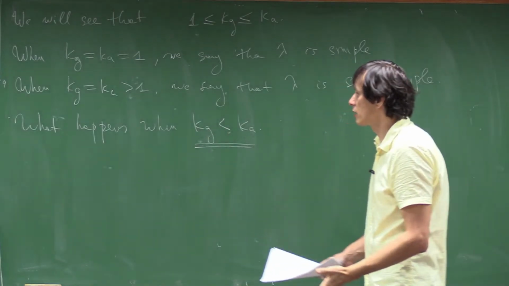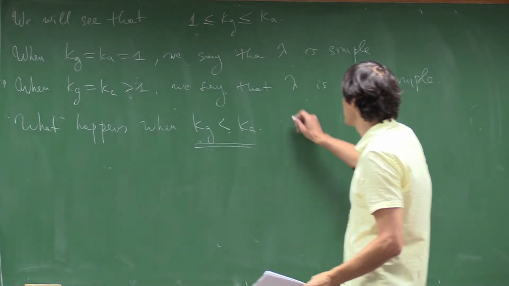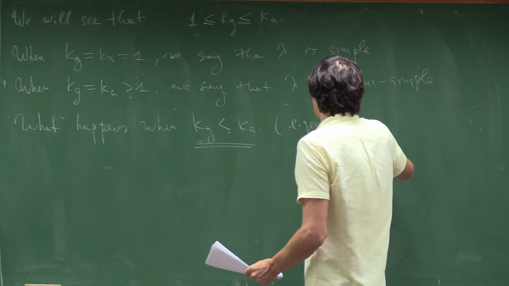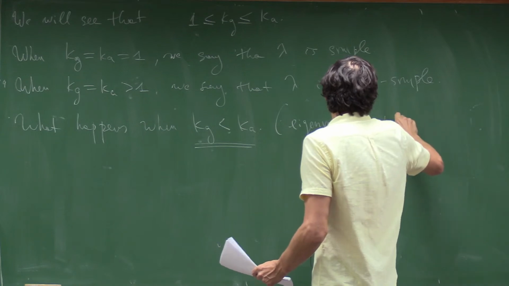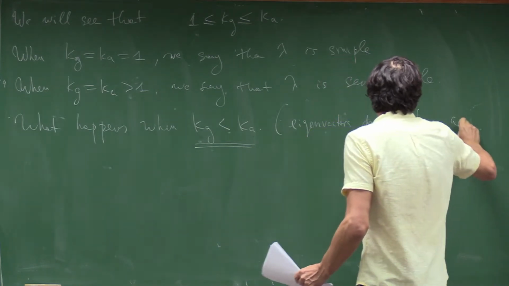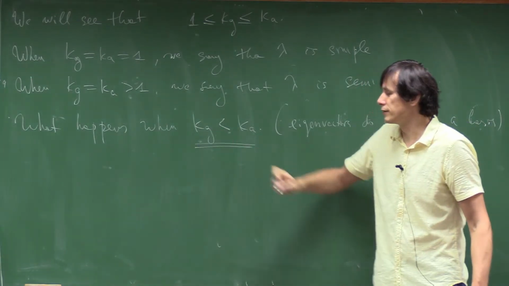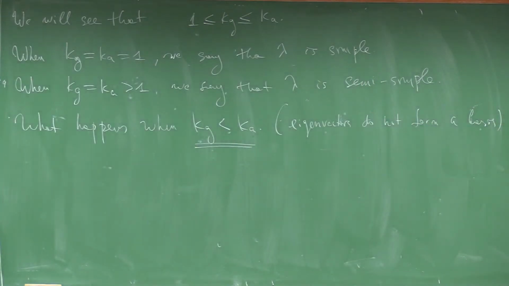So in this case, eigenvectors do not form a basis because there is a deficiency in eigenvectors.